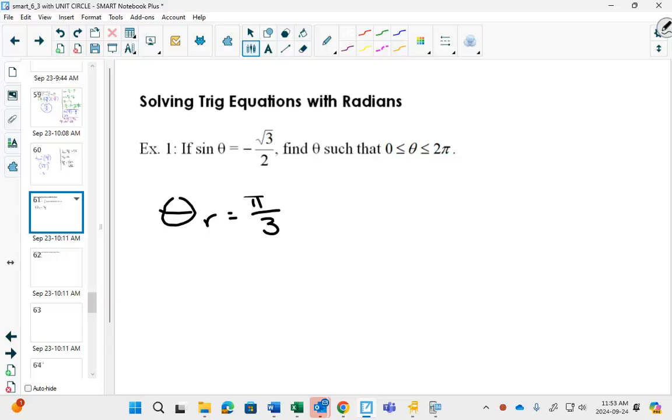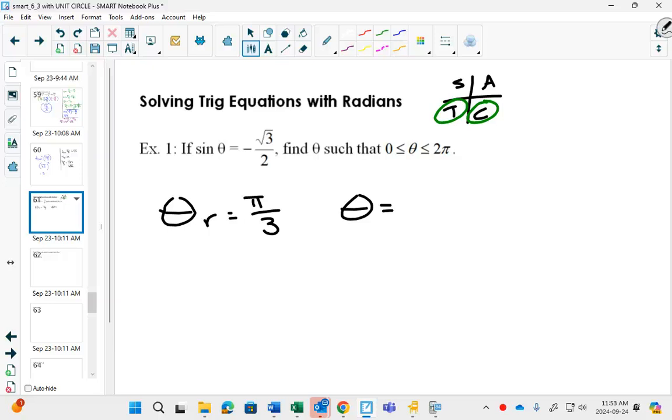Okay? If my family is pi over 3, then which quadrants will I look for sine to be negative? I think of my CAST rule. And sine is negative in quadrants 3 and quadrants 4.